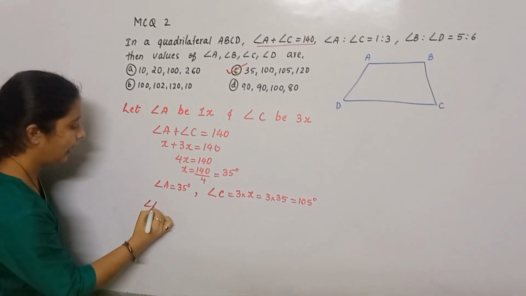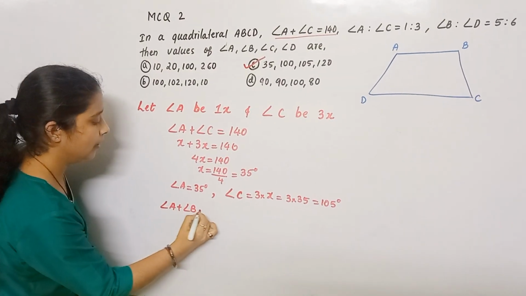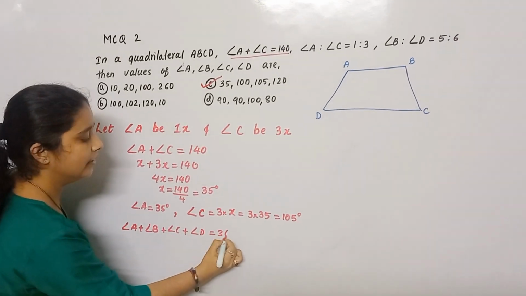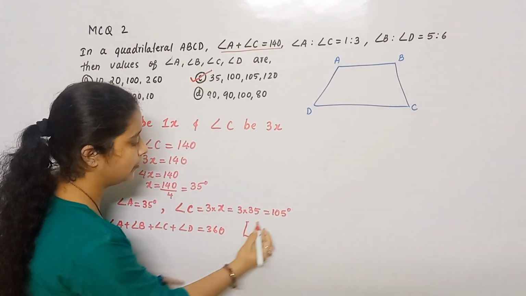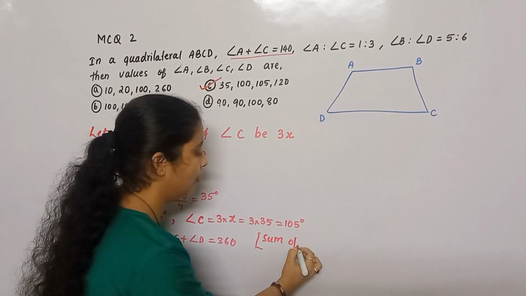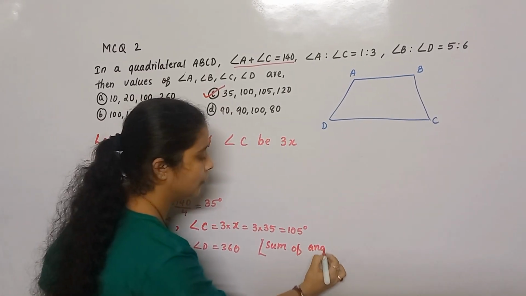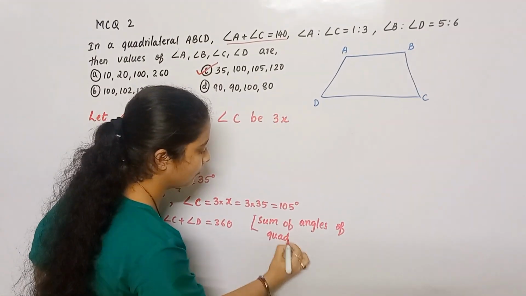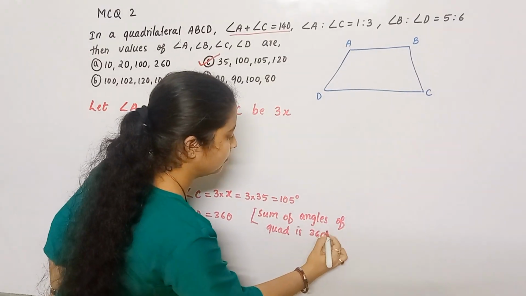So that will be angle A plus angle B plus angle C plus angle D is equal to 360 degrees, and this is for the sum of angles of a quadrilateral, which is 360 degrees.